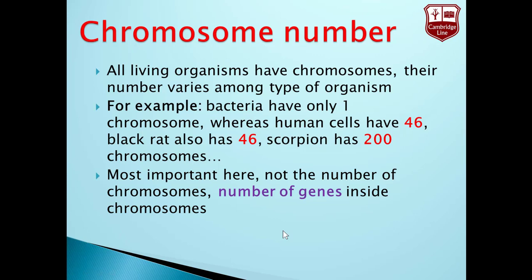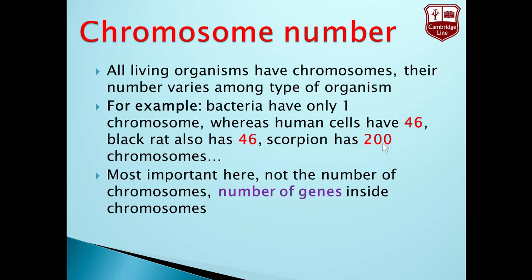Chromosome numbers are different in all organisms. So, for example, bacteria have only one chromosome, whereas the human body has 46 chromosomes. Rat has 46 also. The scorpion has 200 chromosomes, okay? So the number of chromosomes may change in particular organisms.